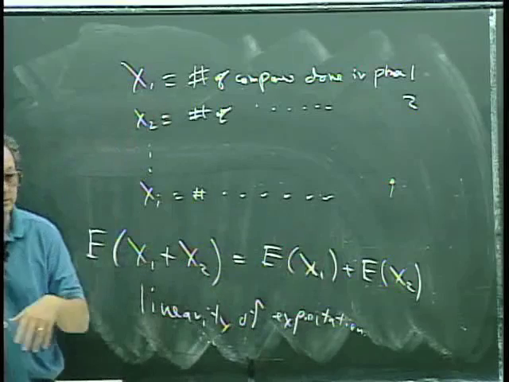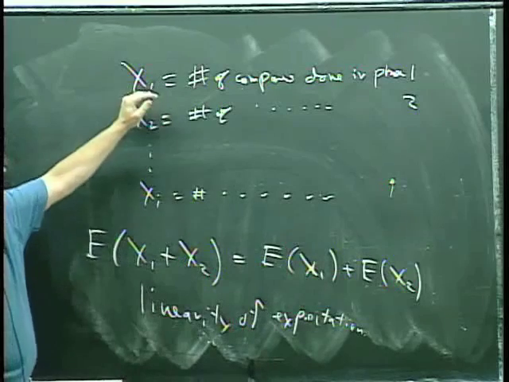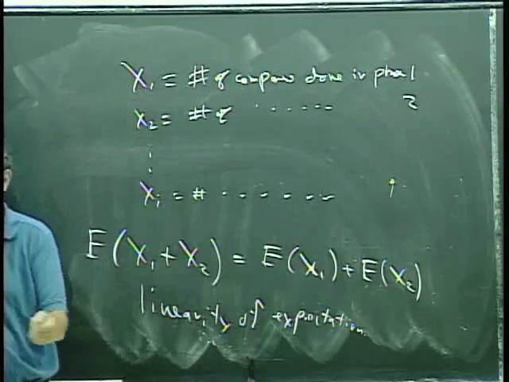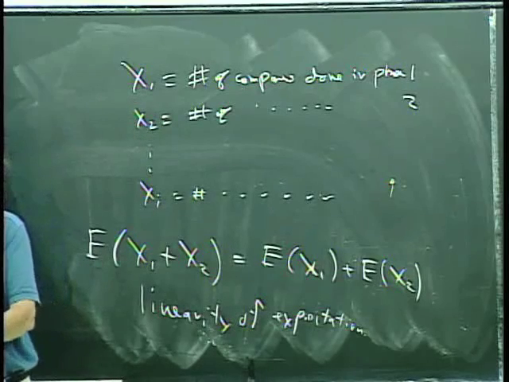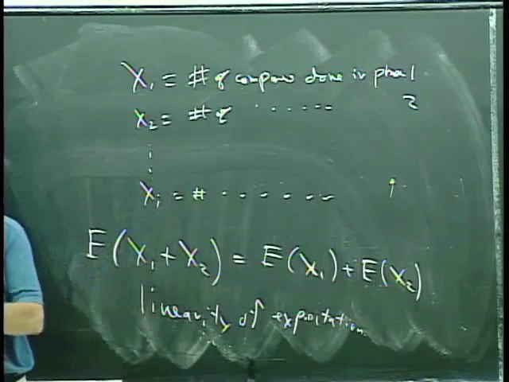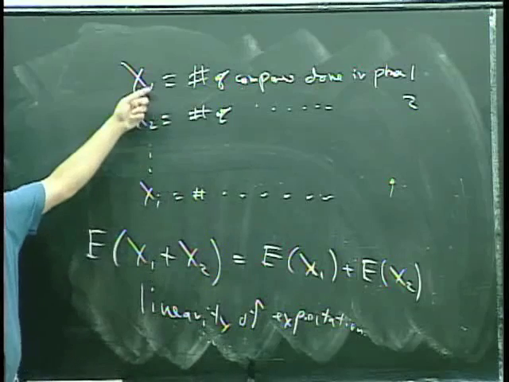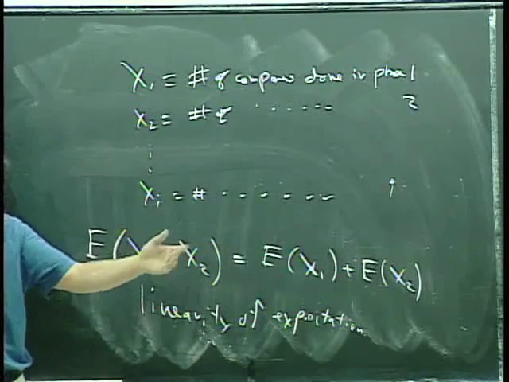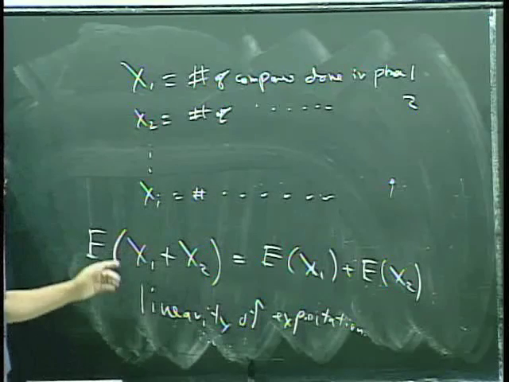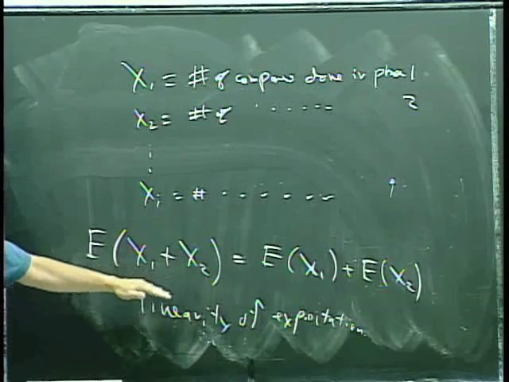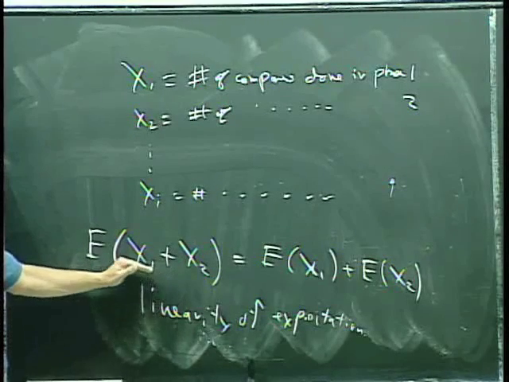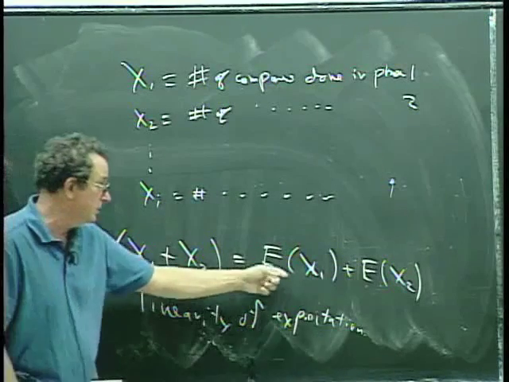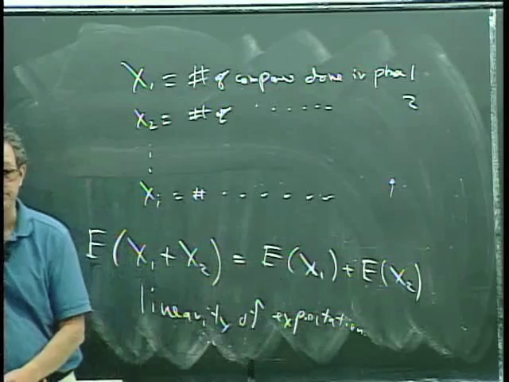So you're running your experiment, you see how much x1 is, see how much x2 is, and you add those together, and that's your value from the first time you do the experiment. And then you do the experiment again, running the algorithm, and you take this sum again, and you find out what that long-term average becomes. And analytically, you can prove that the expected value or the mean of that sum is just the sum of the two means.